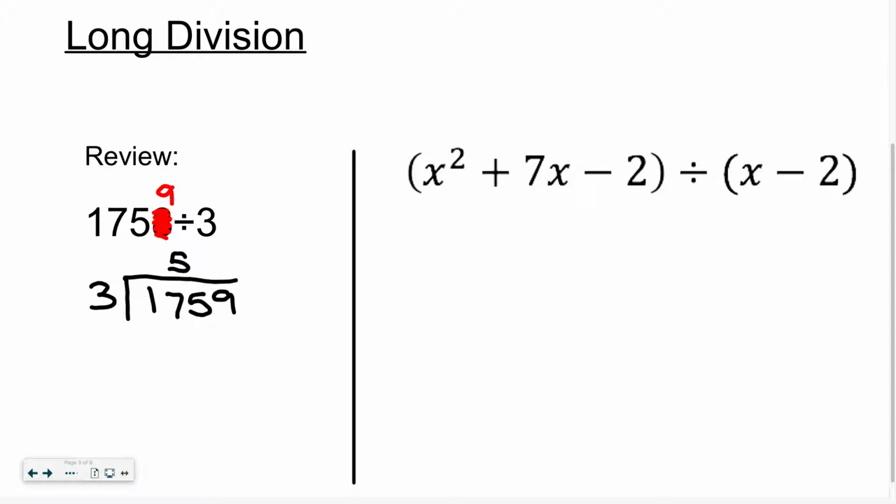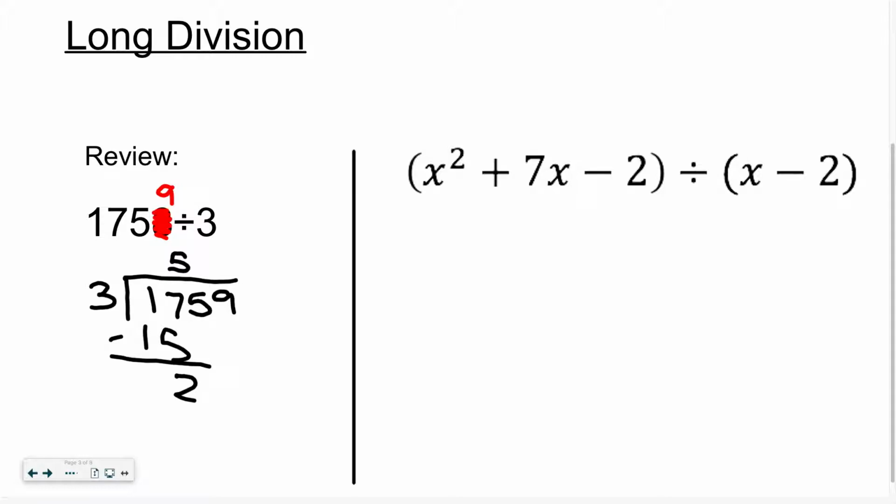So we went out to the hundreds, and when we did 17 divided by 3, you see how we lined it up? We put it over the 7. Okay, and then what do you do with this 5? Multiply by 3 and get 15. That goes underneath. What do you do with these 2 numbers? Subtract them. So 17 minus 15 is 2.